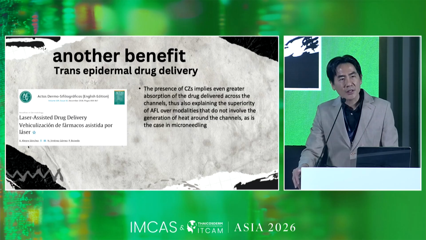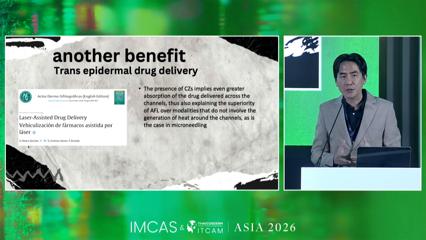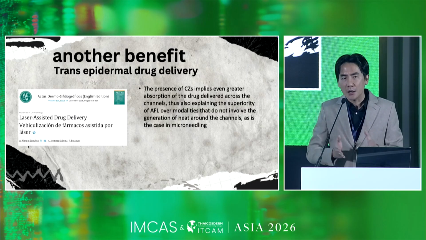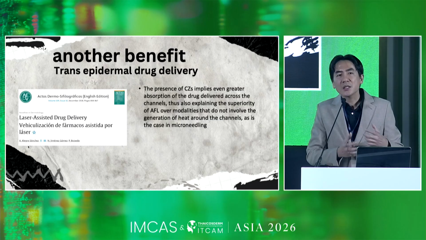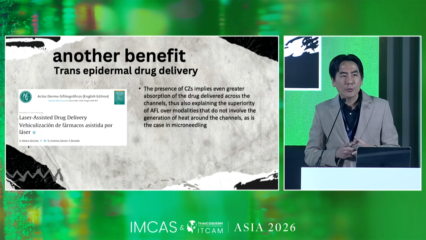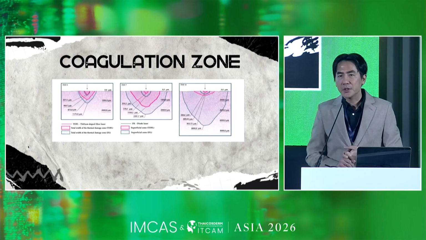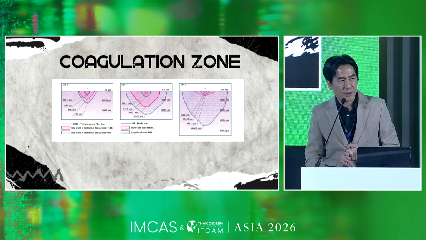If we are using CO2 lasers, of course we create huge coagulation zones, but we also create the carbonization area, which inhibits the transepidermal drug delivery. Using the thulium laser, we can adjust how big and how deep the coagulation zone is, without the carbonization.